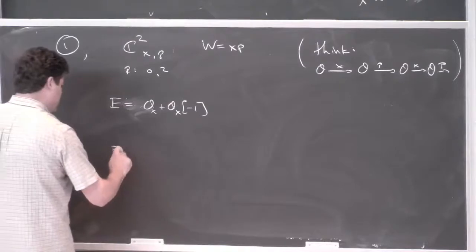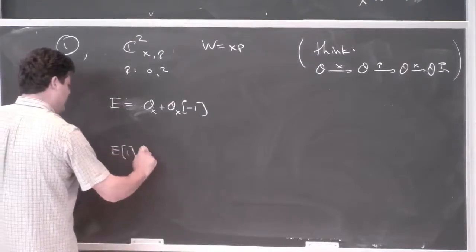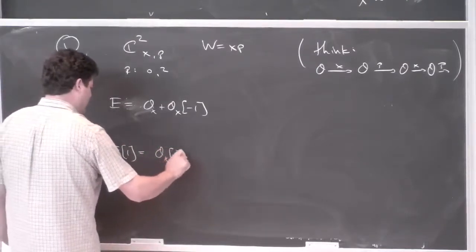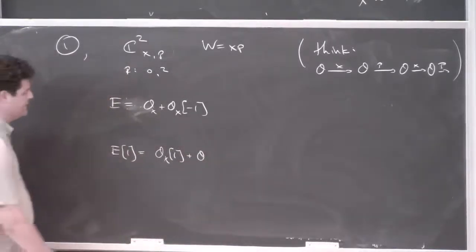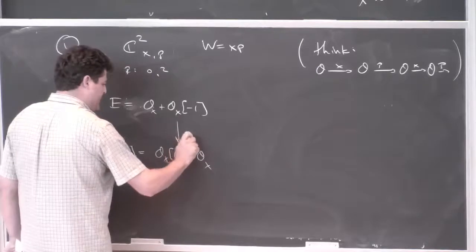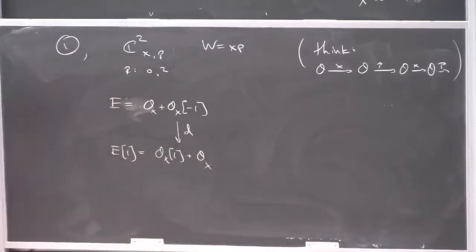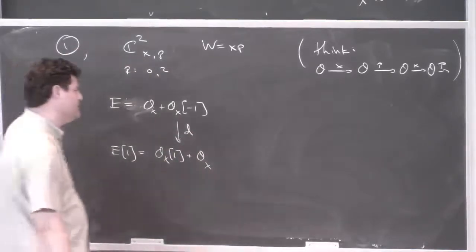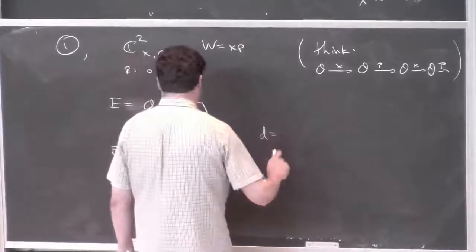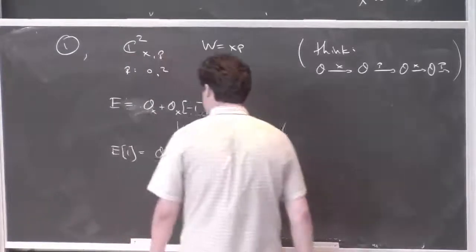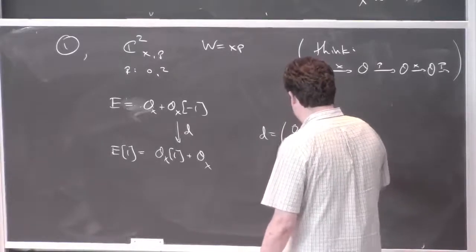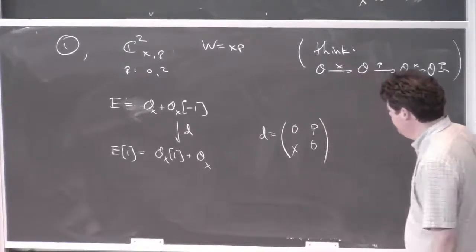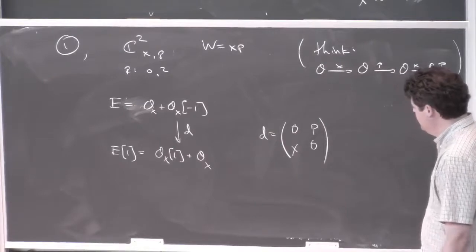And so E shifted by 1 is OX of 1 plus OX. And my matrix D is going to be x, p, if I haven't messed up too badly.